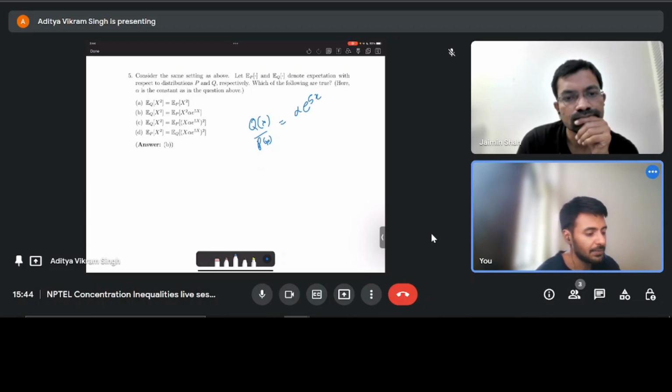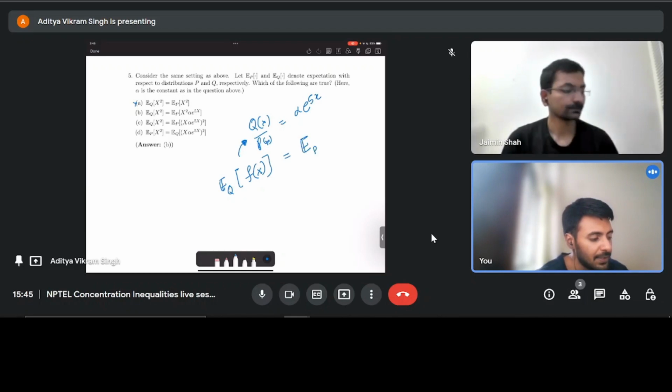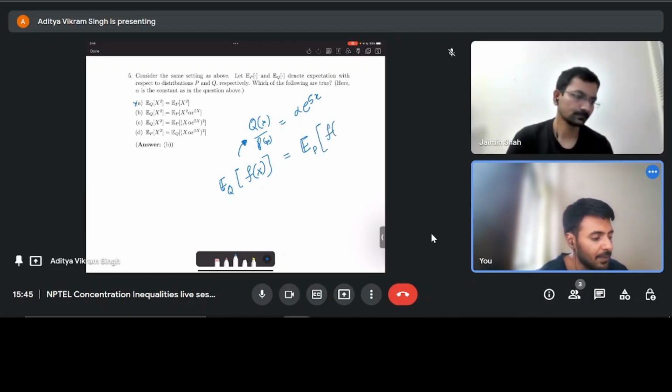And so A in general will not hold. But what will hold true is that if you want to take expectation with respect to Q of any function fx, because of this relation between Q and P, you can claim that this is the same as taking expectation with respect to P of fx times alpha e power 5x.